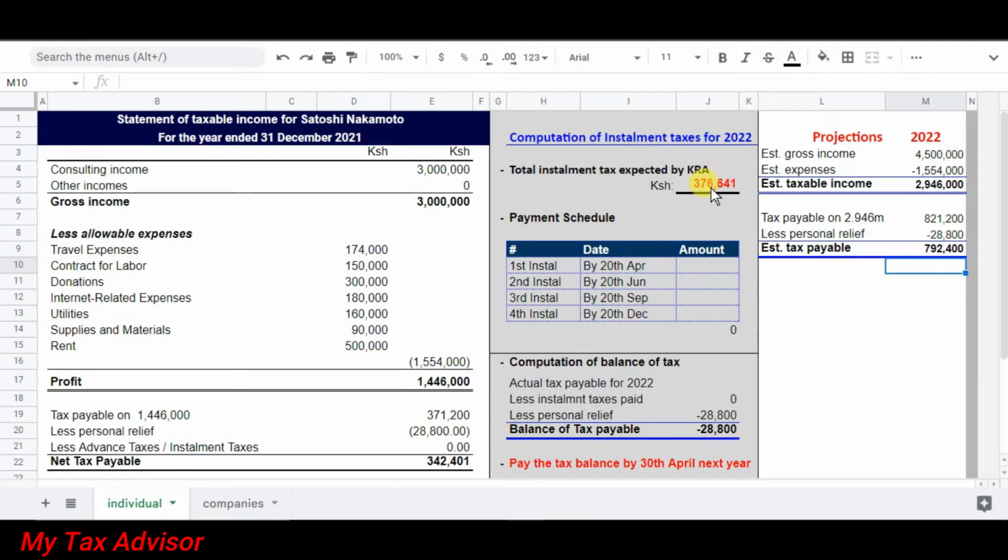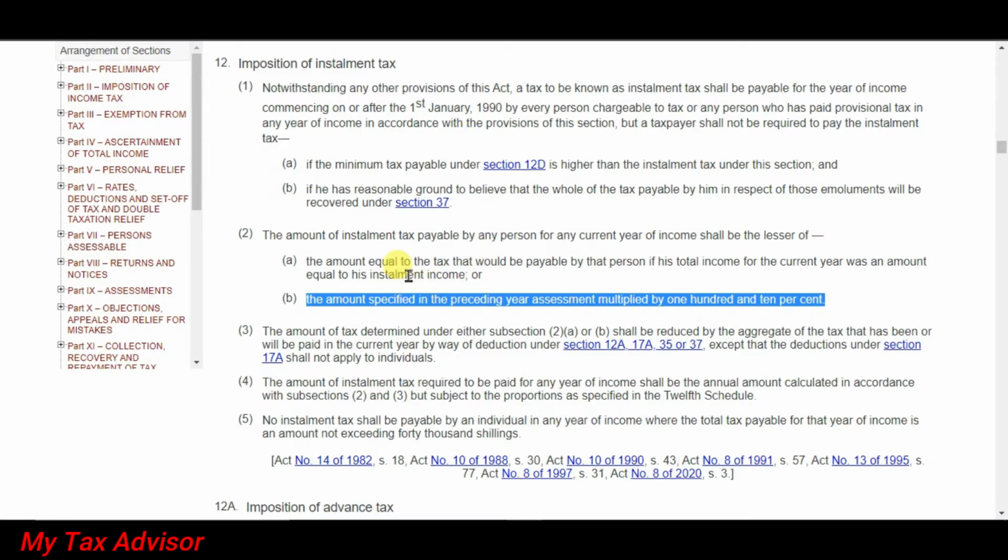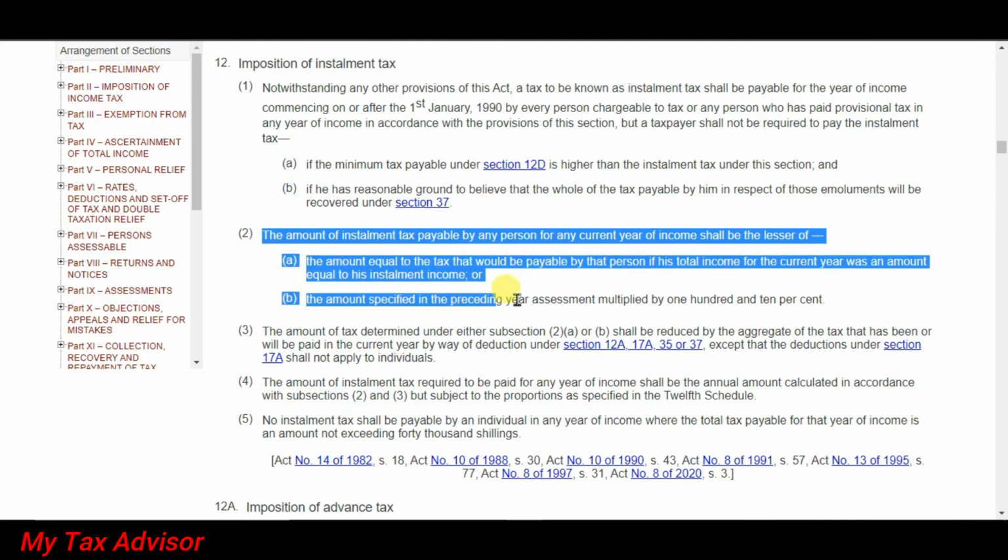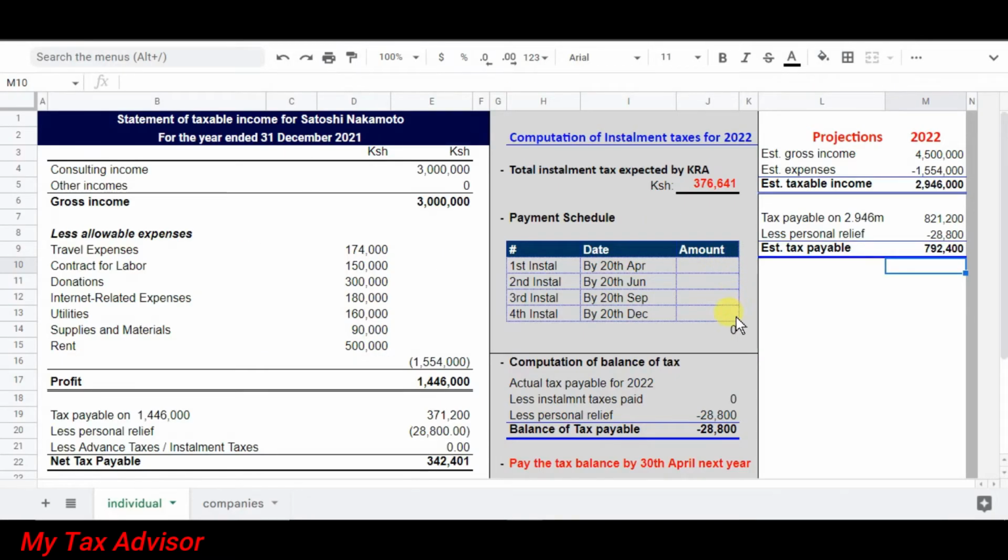This one is less. So we are going to go by this because that's what the law says. Remember this? Now with that, let us see how we are supposed to pay it throughout the year.